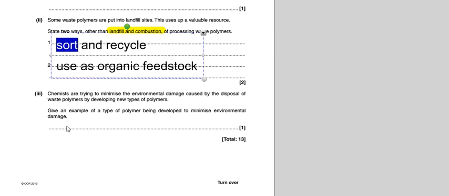Finally then, give an example of a type of polymer being developed to minimize environmental damage. In this case, you could be specific and name one, but it doesn't actually ask you to name one here. It just says a type of polymer, and so you'd want to go for biodegradable.